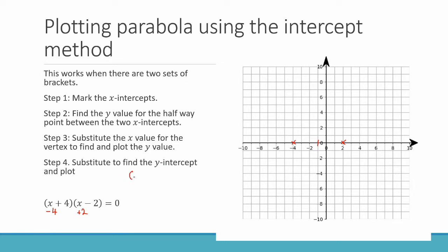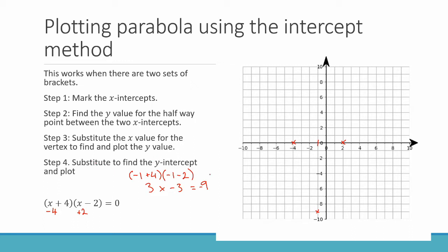So I'm just going to rewrite my equation now as -1 plus 4 times -1 minus 2, and then I'll simplify this. -1 plus 4 is 3, -1 minus 2 is -3, and so I'm multiplying those together, and -3 times +3 is -9. And so if I go down here on my axes, I can put a mark here, and this will be the turning point of my parabola.